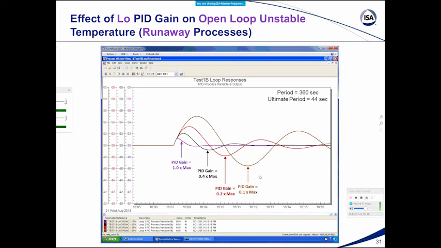And the only way for you to deal with that is to have more aggressive feedback action through the PID controller gain. And you want to really make sure the reset time is very large. In fact, my experience was with these highly exothermic polymerization reactors, they wouldn't even allow you to use reset time. They were proportional plus derivative control.